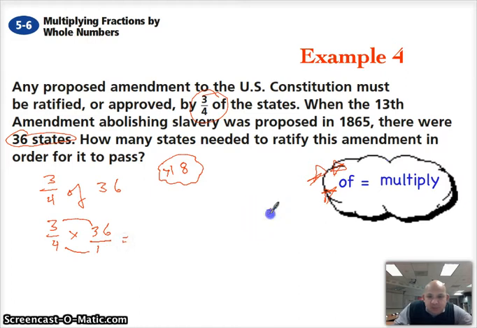Now 36 times 3, I'm going to put over here on the side, that's 108. 3 times 3 is 9, plus 1 is 10. So we have a total of 108 on the top and 4 on the bottom. Now 108/4 I can further simplify. 108 divided by 4. 4 goes into 10 twice.